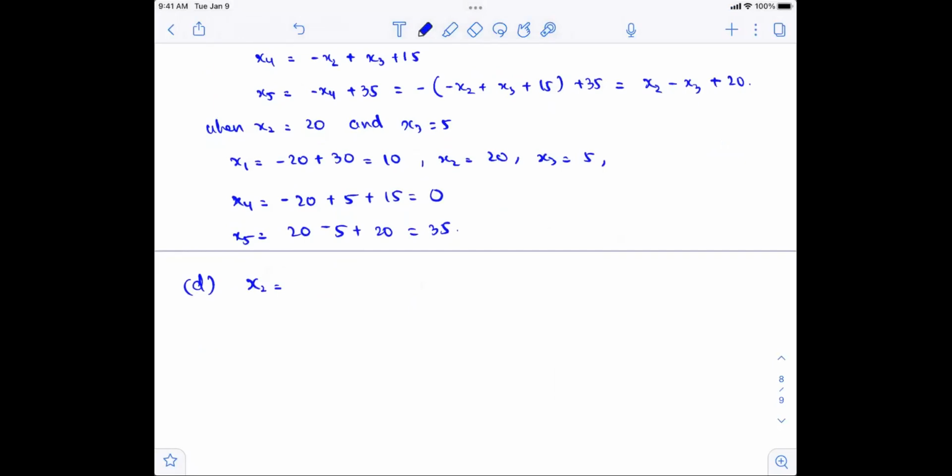So in part D, x2 is equal to 15 and x3 is equal to 0.